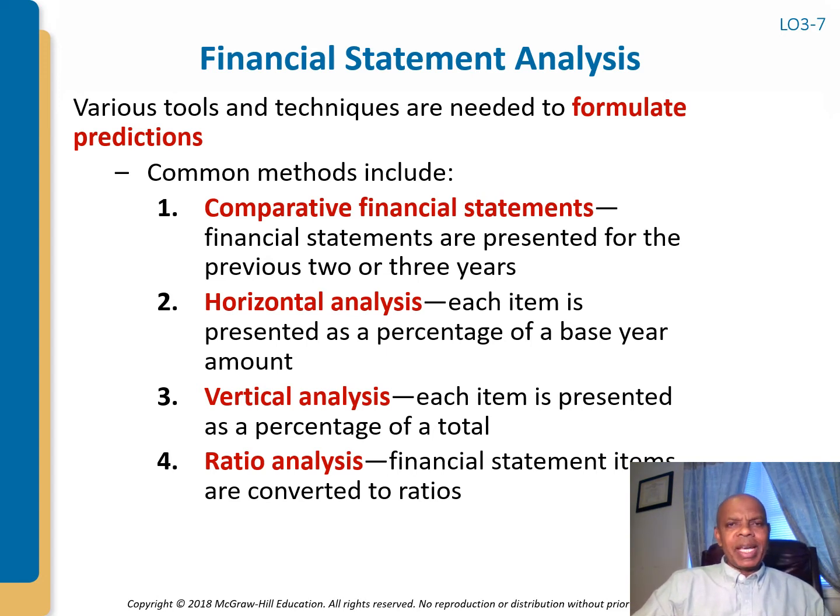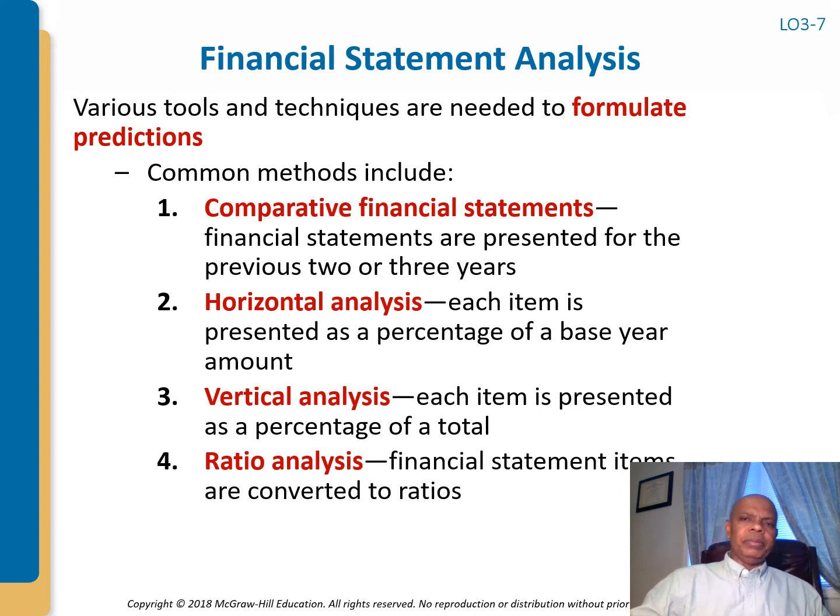Various tools and techniques are needed to formulate predictions. What's going to happen next year, the following year, 10 years from now? It's very hard to predict for the long term. But still, people put together these types of financial analyses and predict certain things, at least for the short term. Comparative financial statements look at the financial statements of the corporation for prior years, maybe 2 or 3 years prior.